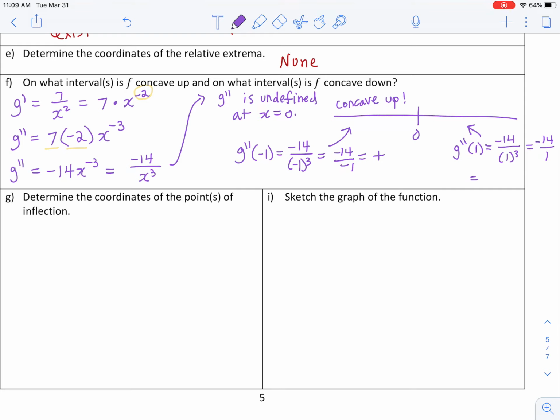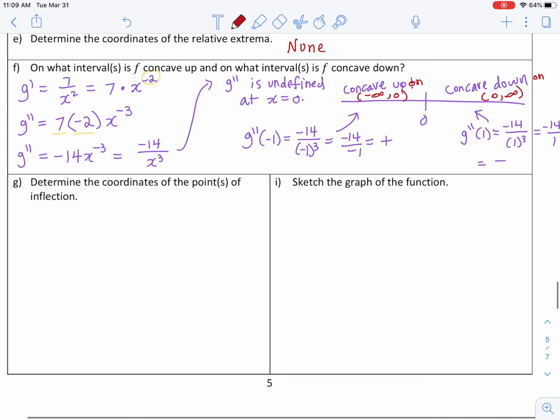Oh, whoopsie, what am I saying? That is not positive. Negative divided by positive is negative. So we know to the right side of 0, this graph is concave down. Let me write the intervals here: concave down on 0 to infinity and concave up on negative infinity to 0. We want to give these intervals in interval notation. Don't forget to do that, okay?